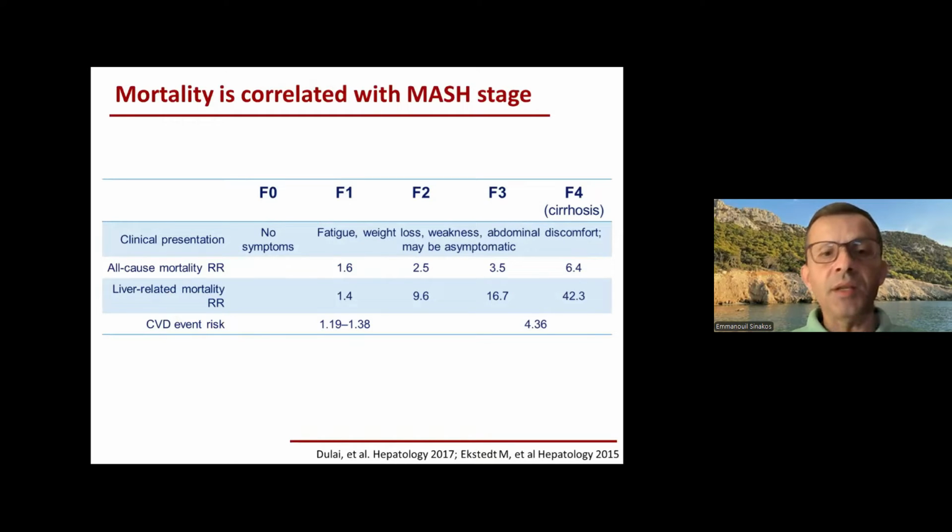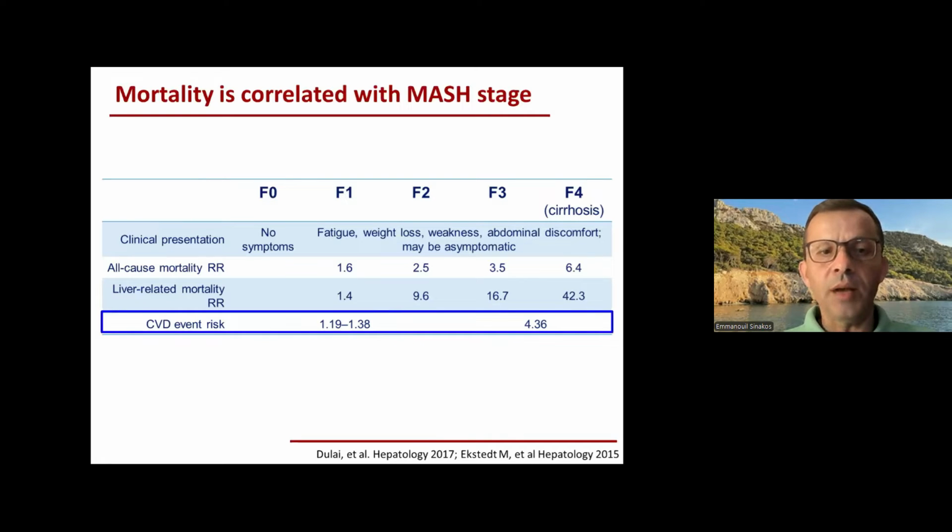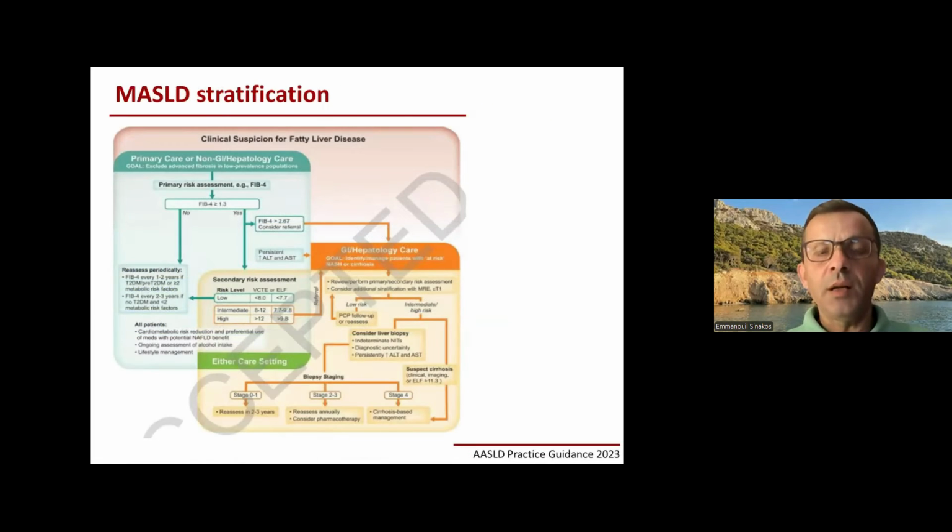This has already been shown by Mrs. Theocharidou, and I also want to point out that mortality is correlated with the fibrosis stage, so not only the progression of liver disease, but also mortality and cardiovascular disease events can be correlated with the fibrosis stage.